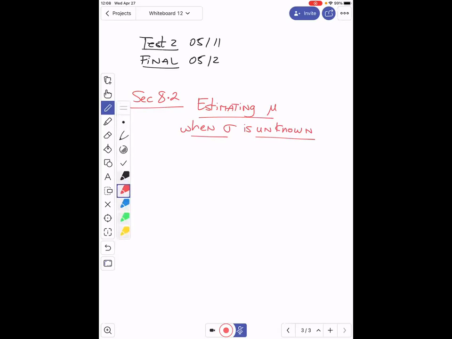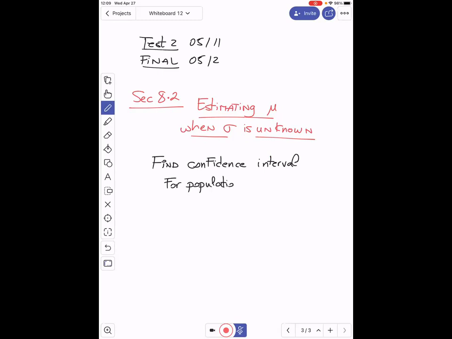Whenever you have an exercise or problem where you have to find a confidence interval for the population mean or population average mu, you need to read the problem statement carefully, so that we have our two cases.